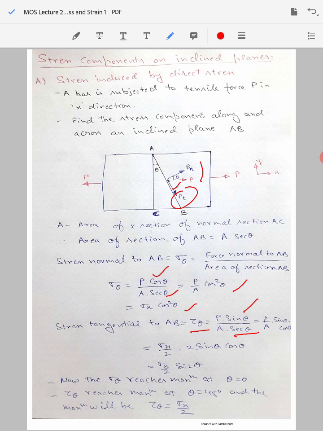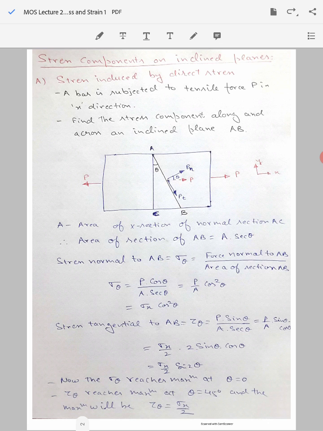So that gives me the stress tangential to AB as P by A sine theta cos theta. For P by A, I am substituting again here sigma x. I am multiplying and dividing both by 2 here, so that I can represent 2 sine theta cos theta as sine 2 theta.